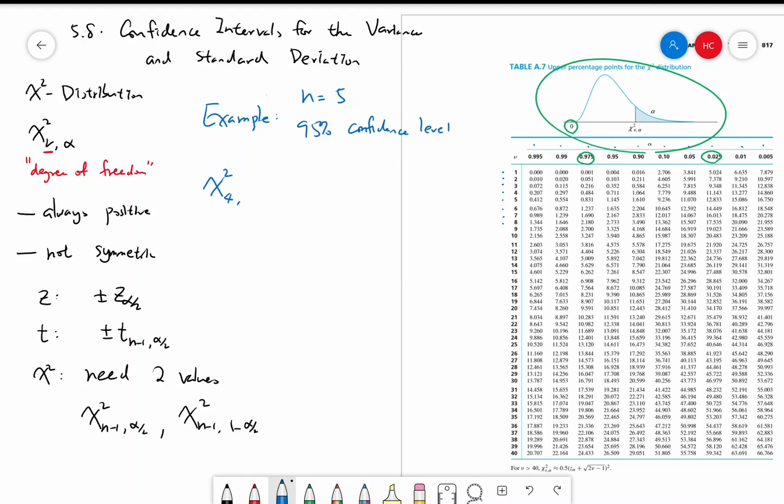And because it's 95%, 0.025, and chi-square 4 comma 0.975. So we need these two values. We search for row 4 and 0.975 and 0.025. These two are the values we need. The first one is 11.143 and the second one is 0.484.